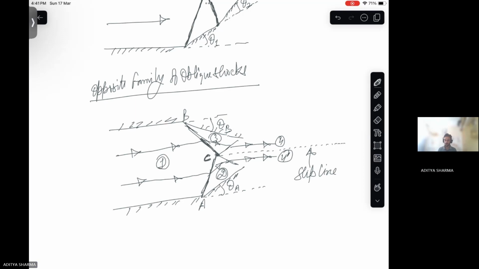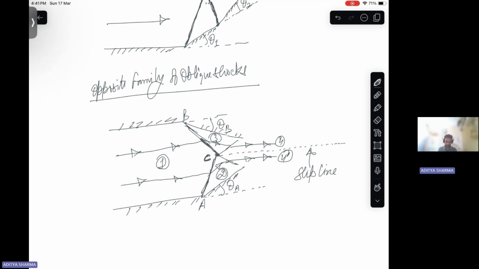So AC is a left running wave, and for BC, this is a right running wave.